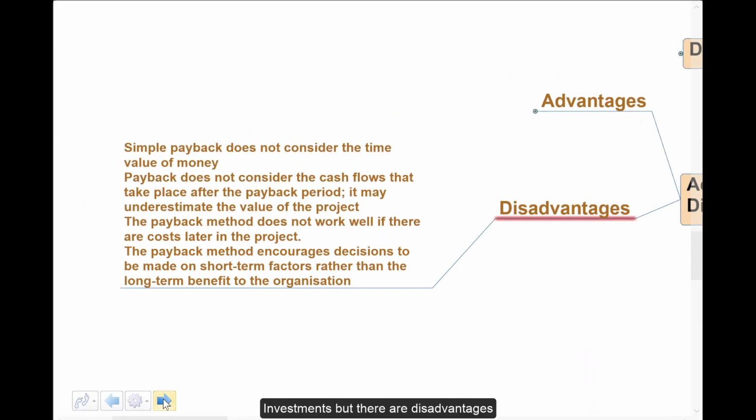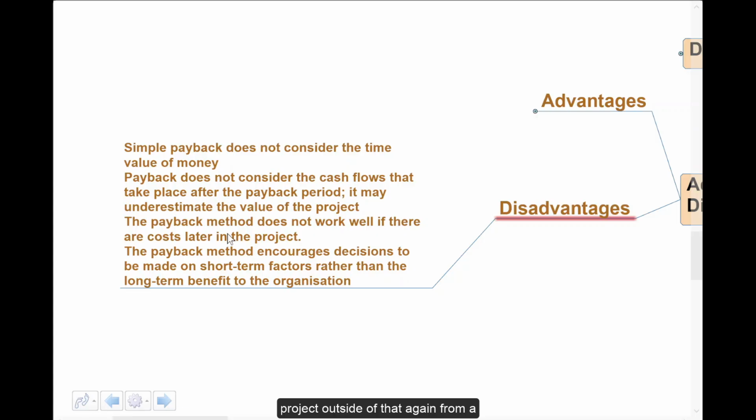But there are disadvantages, clearly, as mentioned. With simple payback, no time value of money consideration, which undermines it for sure. In addition to that, payback does not consider cash flows that take place after the payback period. Remember, it simply provides us with 2.5 years or 2.75 years, etc. So in one sense, that sort of undermines it. It may underestimate the value of the project.